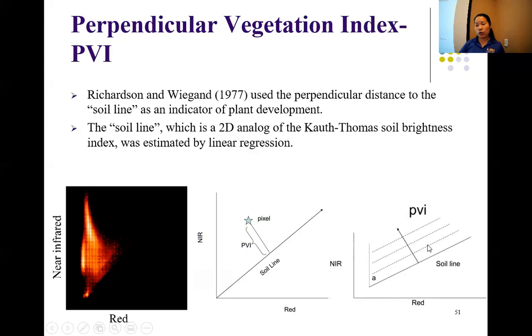For example, plants located in this area may have similar plant growth status, and the ones growing in the upper stage, the low ones may be grass at an early stage, and the upper ones will be forest and others containing more reflectance from vegetation. So they developed this method to measure these vertical distances mathematically.